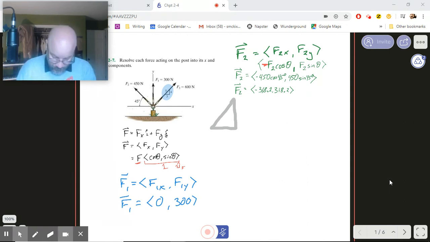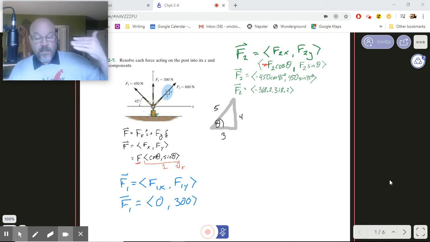All right, according to my triangle, I'm 3 here, 4 here, 5 here. Let's call this theta. When we're doing our vector, we're going to have to get to sines and cosines. What a lot of people try to do right away before they get used to this is figure out what theta is so they can get the sine or the cosine of that angle.